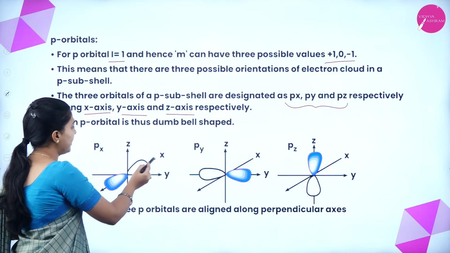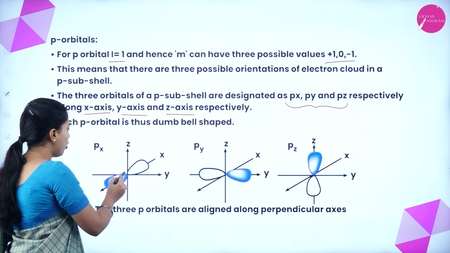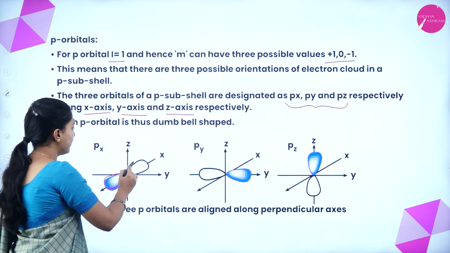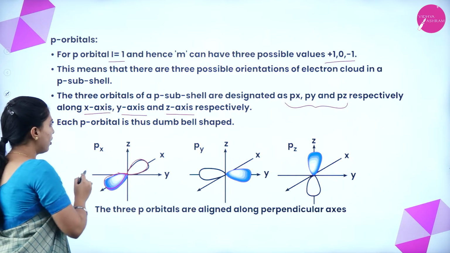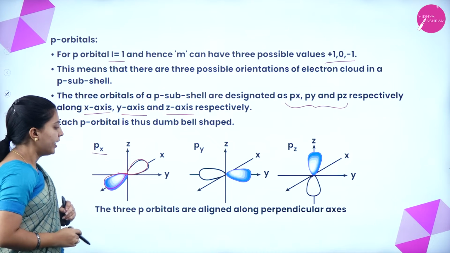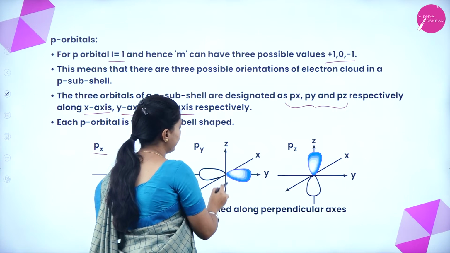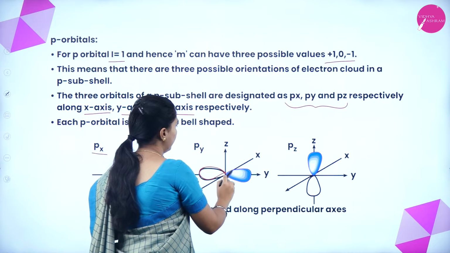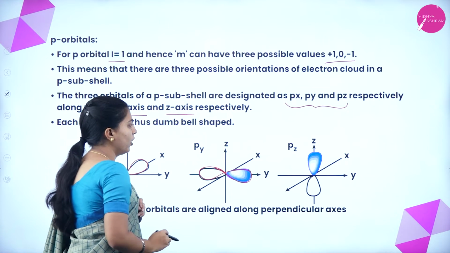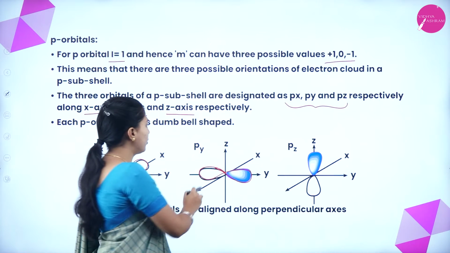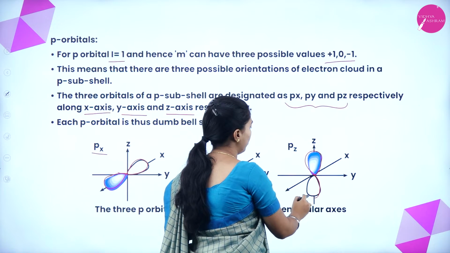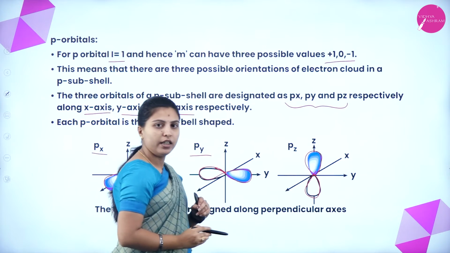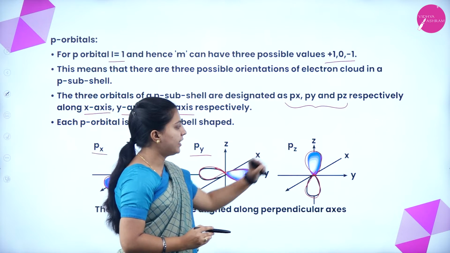See here, this is the x-axis. The p orbital along this x-axis, we call as px. Here, this is the y-axis. The p orbital along the y-axis is py. Similarly, the pz orbital is along the z-axis.